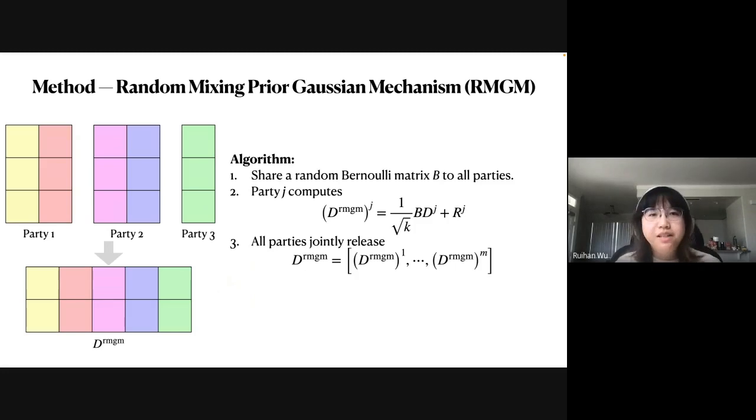And then finally, all parties jointly release this concatenated matrix. So this is what the algorithm looks like before moving to the analysis. Any questions so far?